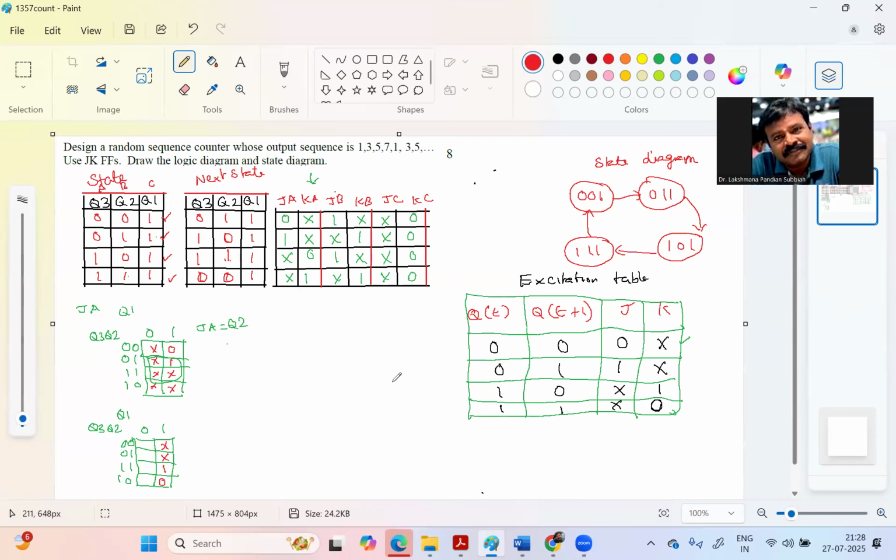All other cases are X. Now here also the four can be grouped together, and for that we also have Q2. So JA and KA are both Q2.